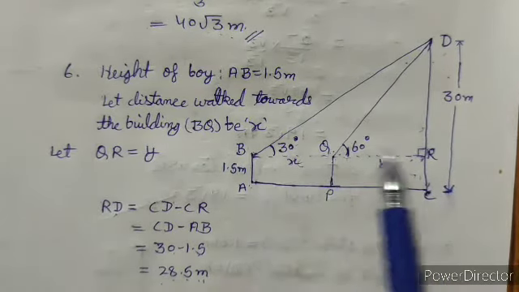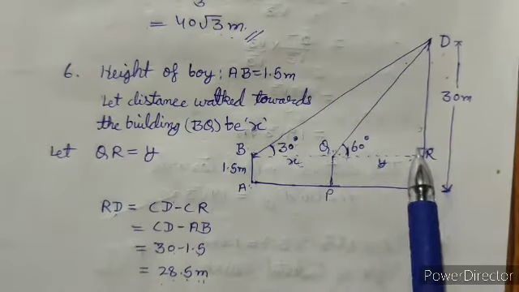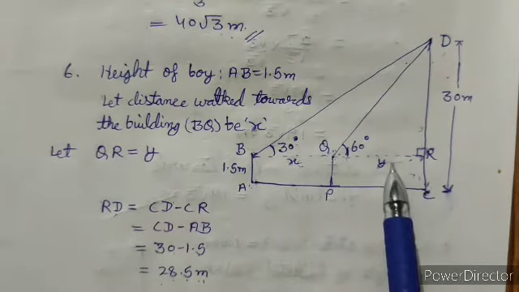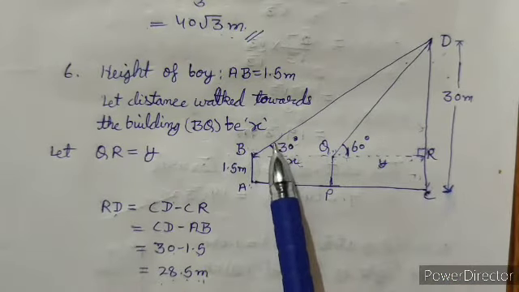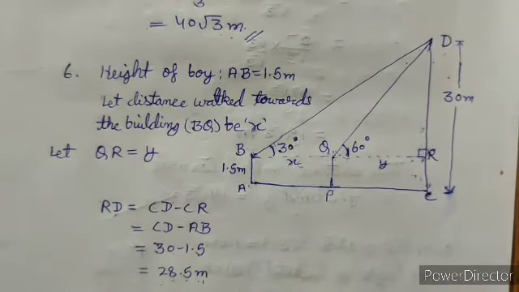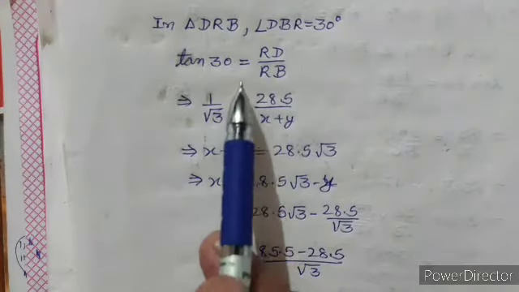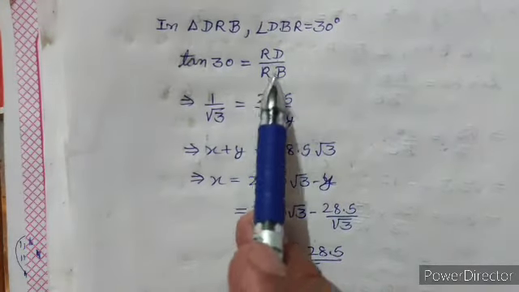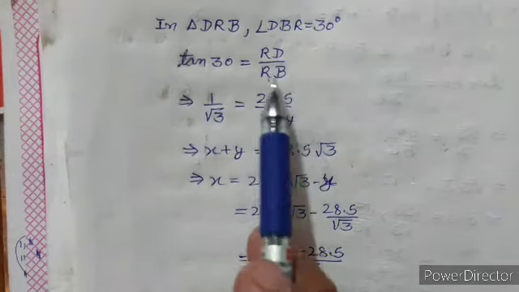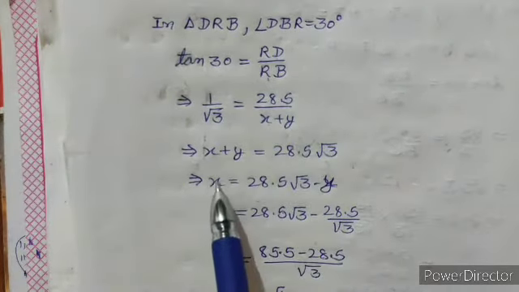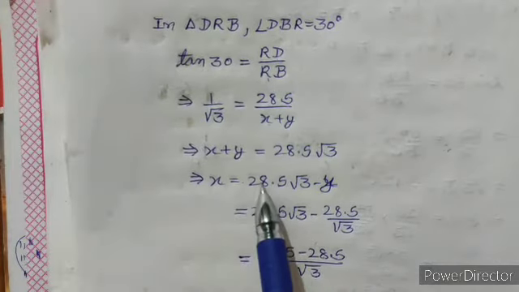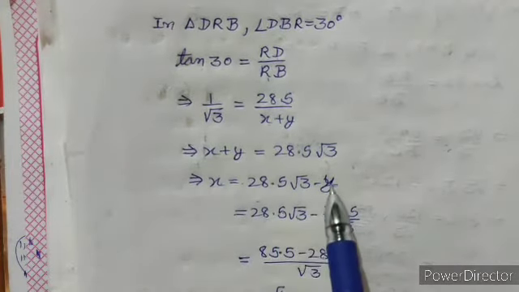That means RB will be BQ plus QR, that is x plus y. So in triangle DRB, tan 30 will be equal to RD upon RB. Now RD was 28.5 and RB will be equal to x plus y, and this will give us the value of x as 28.5 root 3 minus y.